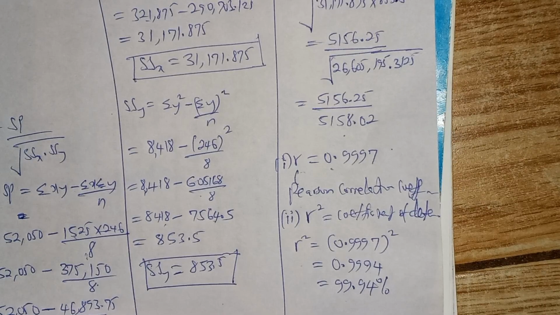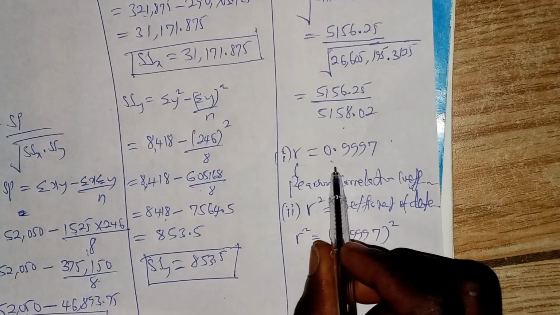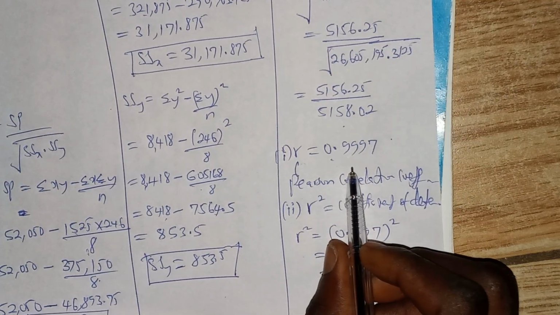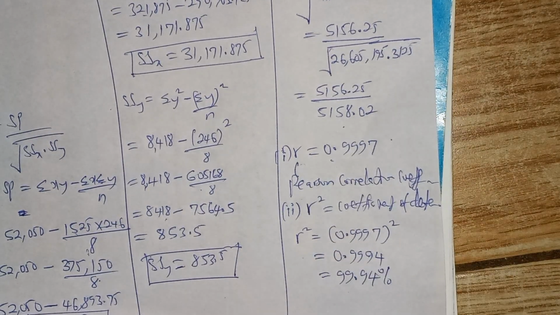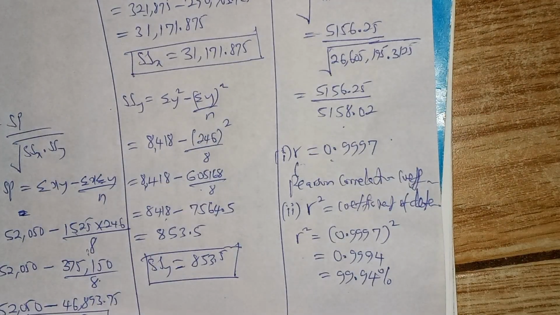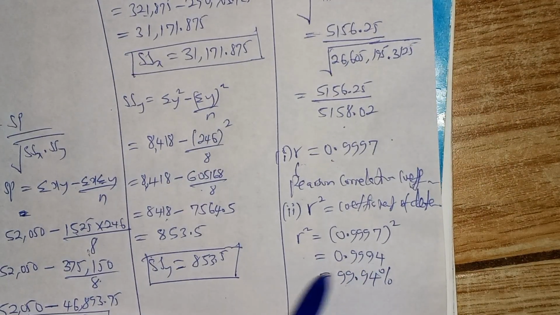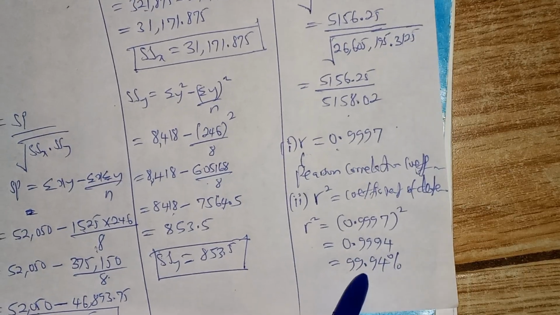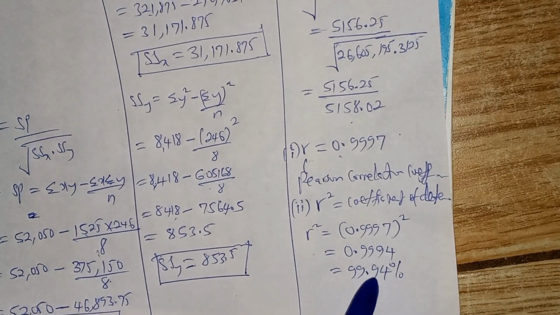This is consistent with the agriculture or agri-related policies. Now the strength is 0.9997. This strength is extremely close to 1, which means that the relationship is almost perfectly strong, okay, between fertilizer application and yield. R squared 0.9994 means that 99.94%, okay.